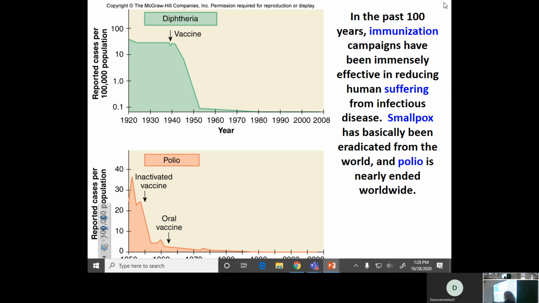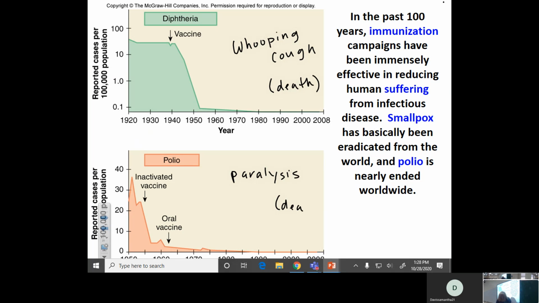So these two diseases, this one is the one that causes whooping cough, or whooping cough if you live around here. Polio is one that causes paralysis. And both of these are fairly deadly, especially in kids. So you can see here what year it happened, and then it shows when the vaccine was introduced.